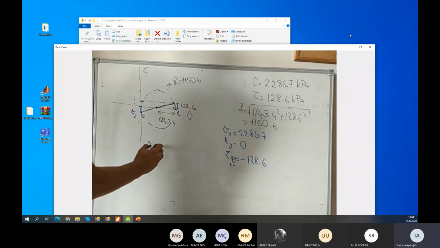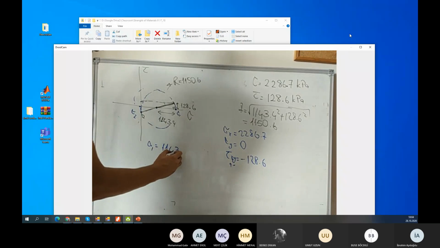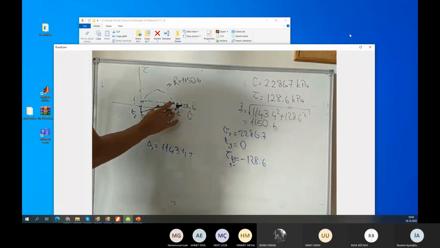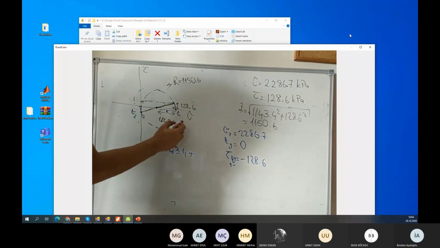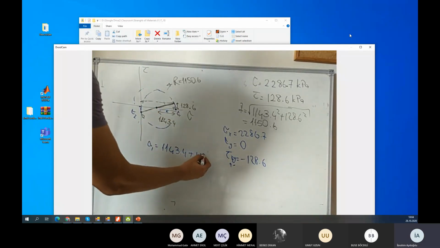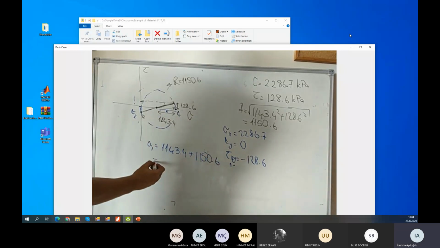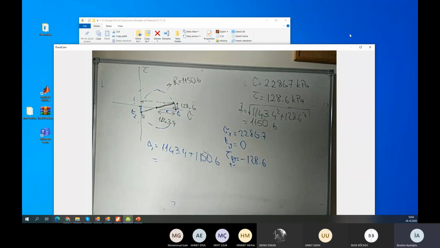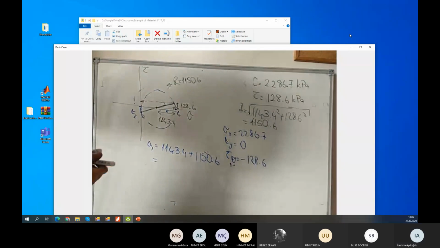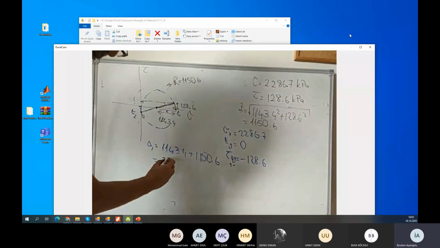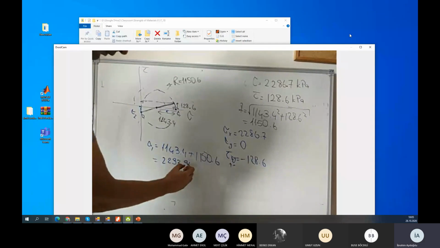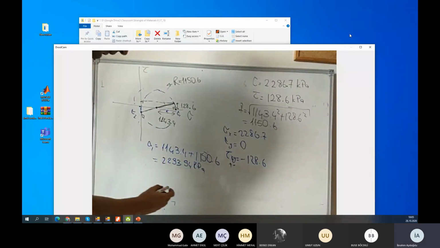So sigma 1 is equal to, plus, this length is R. So like this value, and this one is equal to 2293.94 kPa.